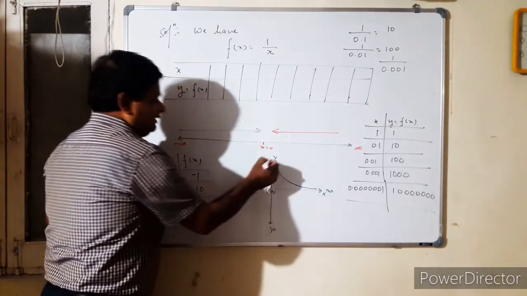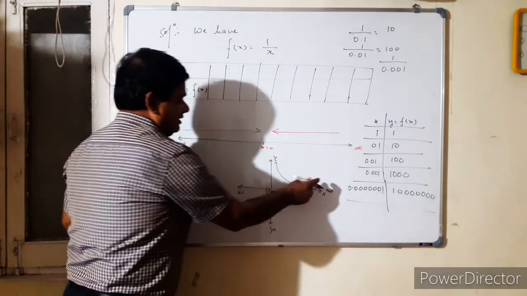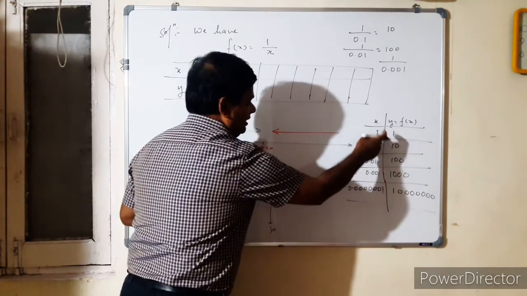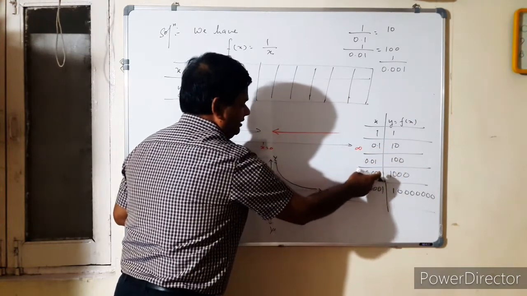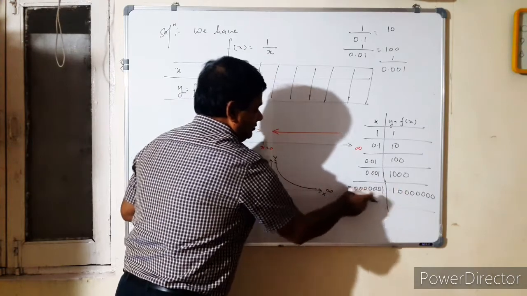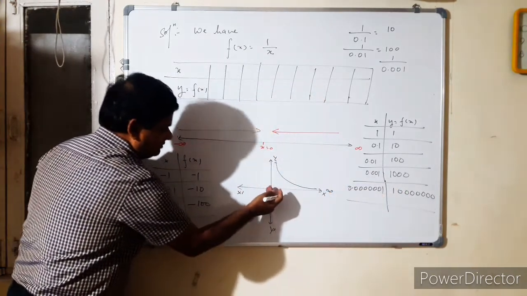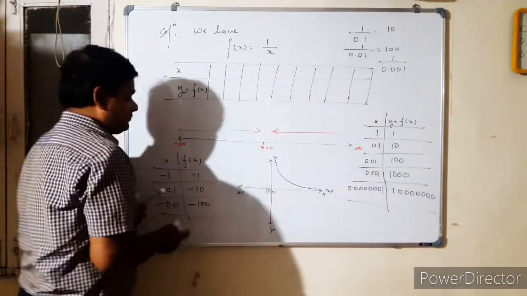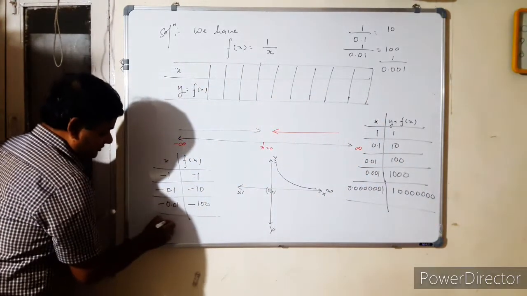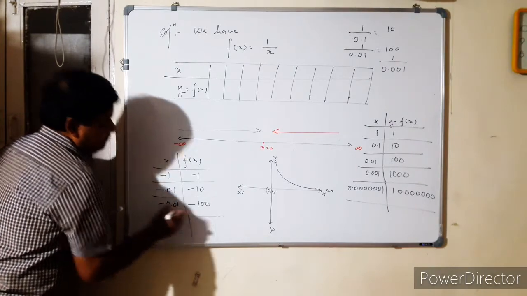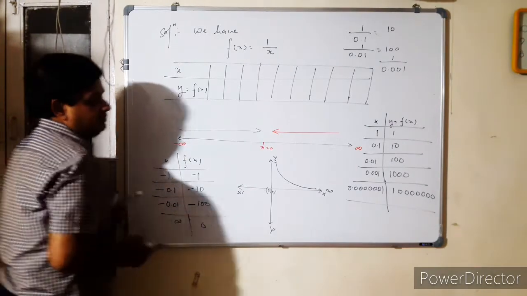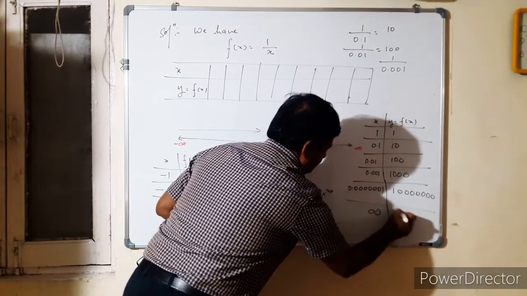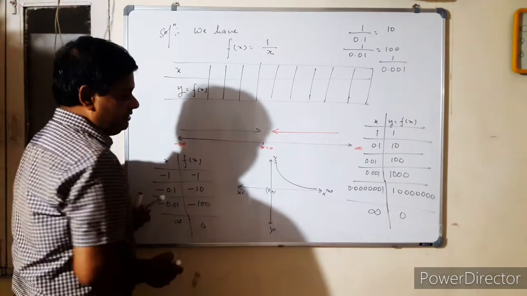The graph is like this. When you are coming towards 0, the value is increasing. See here 1, 0.1, 0.01, 0.001. So when you are coming towards 0, the value of y is increasing. When x is infinity, y is 0.